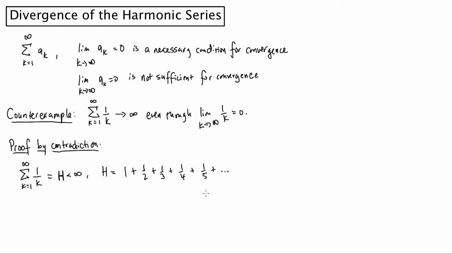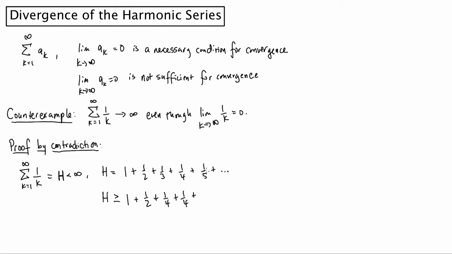Okay, well, let's make the following adjustment to this. I'm going to replace all of the odd denominator terms with the next even denominator term. In other words, I'm going to look at 1 plus 1/2, and I'm going to replace 1/3 with 1/4, making that smaller.